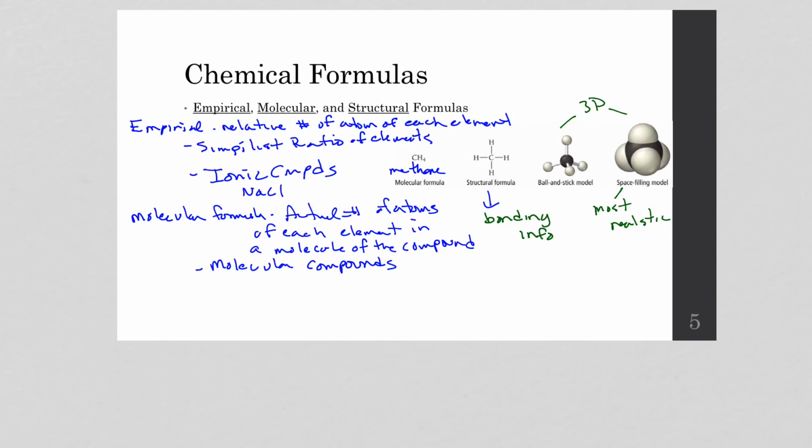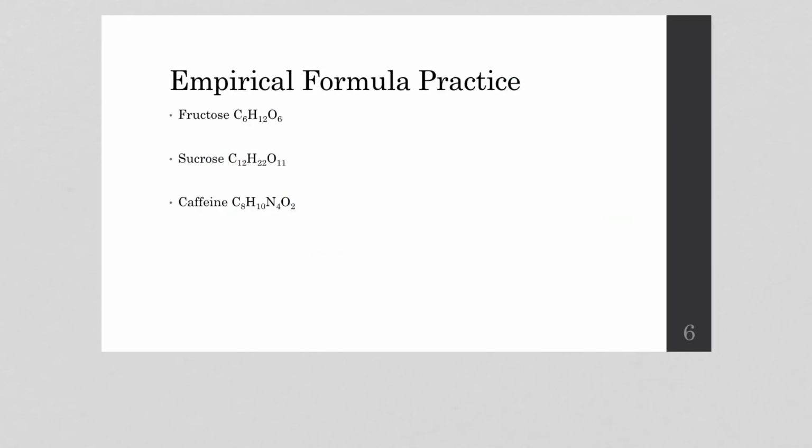Let's do a little bit of practice to emphasize this idea of empirical versus molecular. If we're given the formula C6H12O6, this would be a molecular formula. If we wanted to write the empirical formula, we need the simplest ratio of the atoms. Now, we have to be a little bit careful here, because it's probably really easy to just say 6, 12, 6, I can simplify this, C3H6O3, dividing by 2.